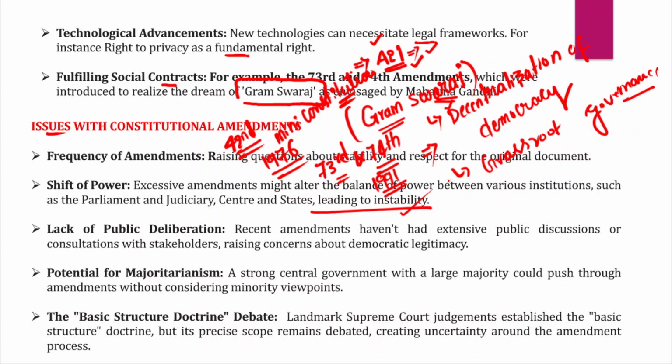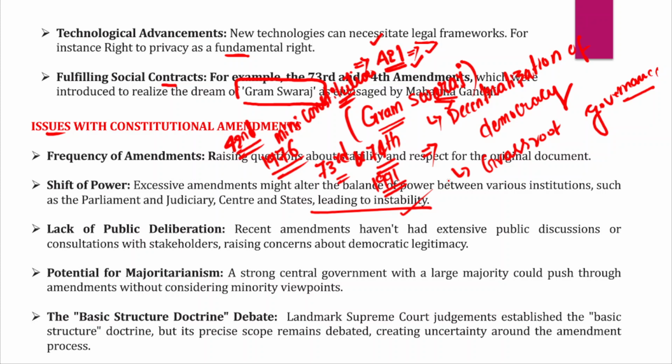And in fact, when a constitutional amendment is made, one very big criticism is that it lacks public deliberation. It lacks consultations with the stakeholders. Now, when you consider any democracy as a legitimate democracy, a legitimate democracy should get its powers from the public, right?